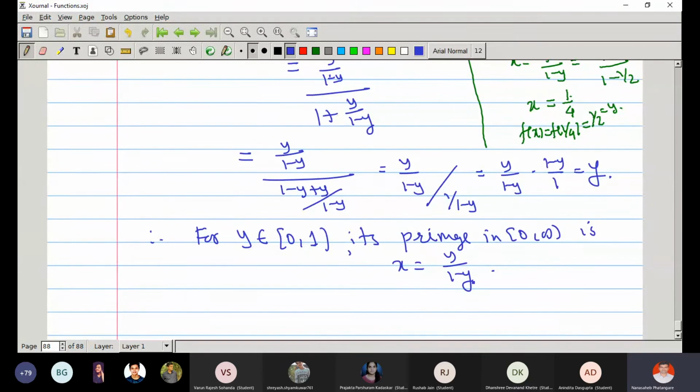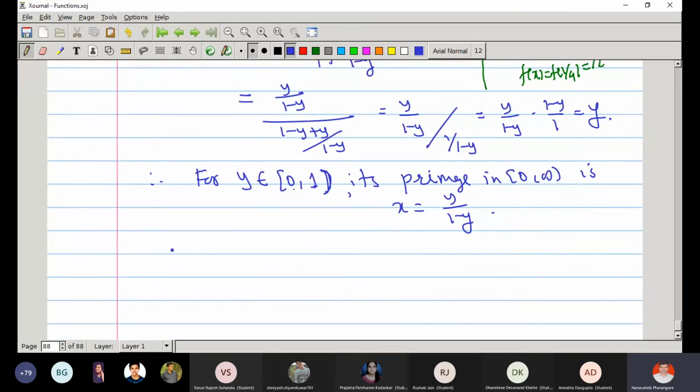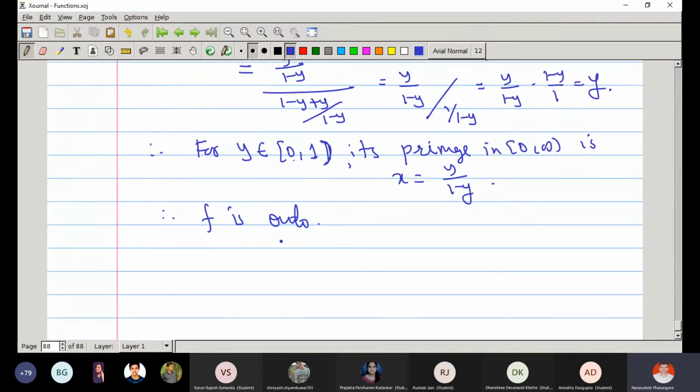What are the possible values of y? Less than 1, and therefore there is no problem, we can clearly find x. So this is true for every y in 0 to 1. Can I say that f is onto? Yes. So f is a bijection.